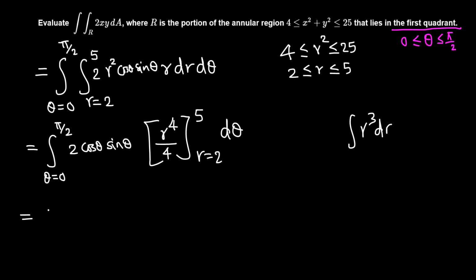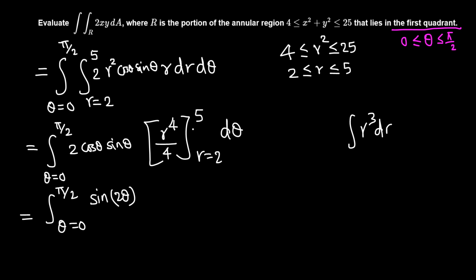Okay, and this is the same as theta equals 0 to pi over 2. In fact, 2 sine theta cosine theta, that's the double angle, you can go for sine 2 theta. You don't have to, but this makes it simpler.